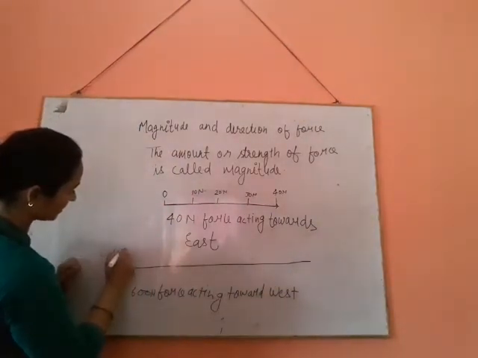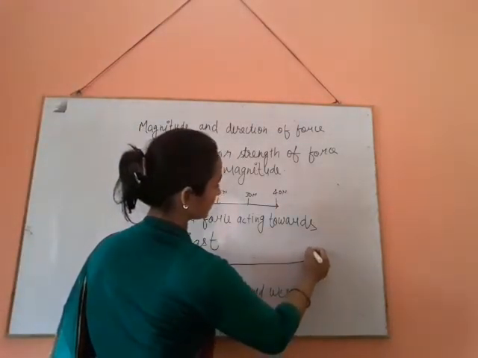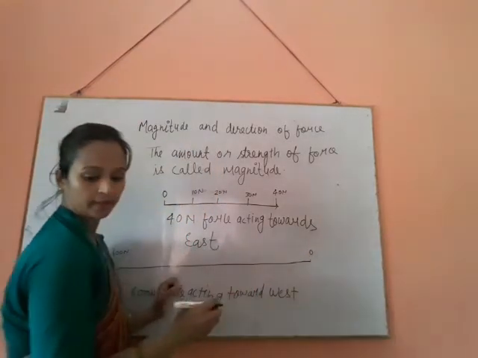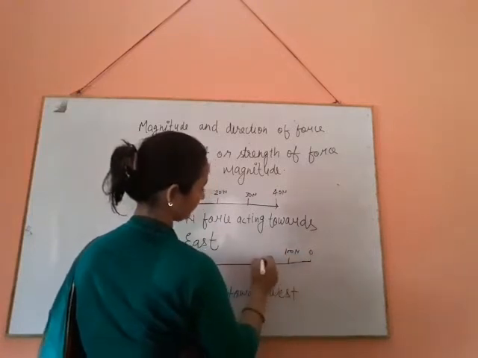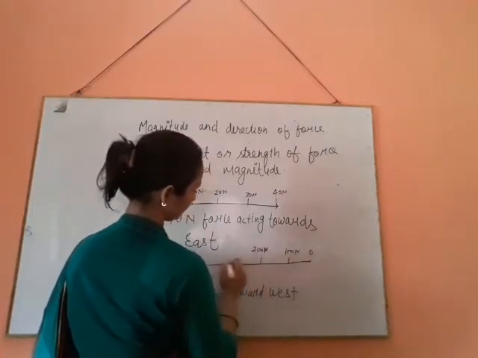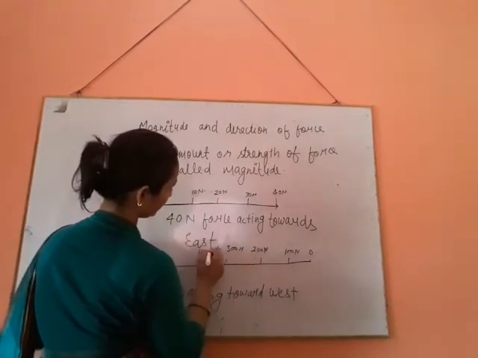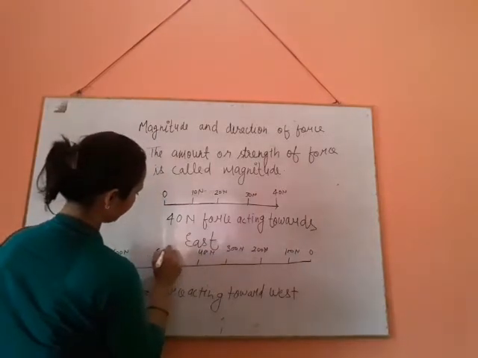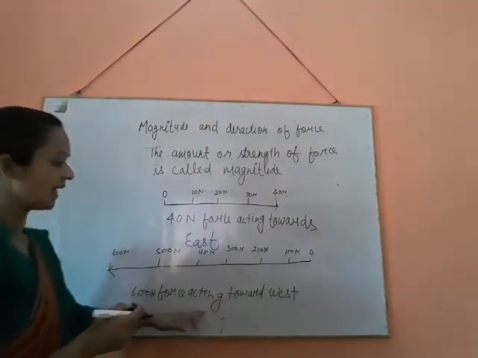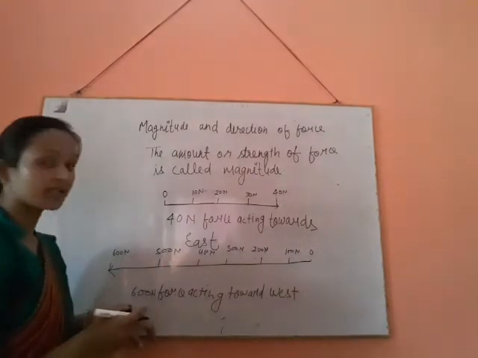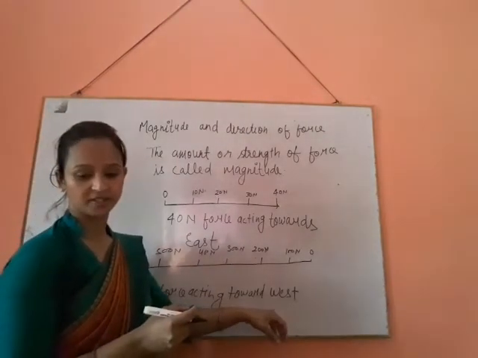This is the 600 Newton, and here we will start from 0, then 100 Newton, 200, 300 Newton, 400 Newton, 500 Newton and 600 Newton. 600 Newton force acting towards west.